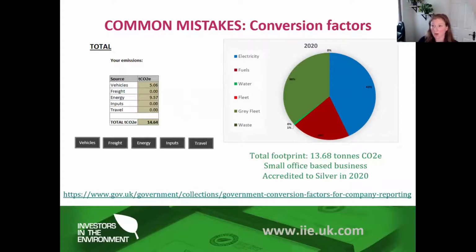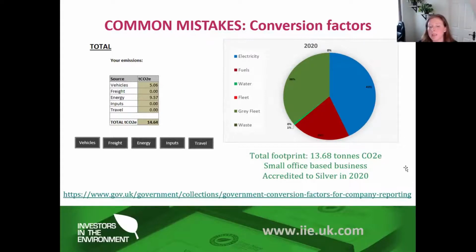My client had received the calculator the year before, and it had 2018 conversion factors in it. She had overwritten that and recalculated the 2020 footprint. But obviously with the decarbonising of the grid electricity, etc., it skewed the figures quite significantly.